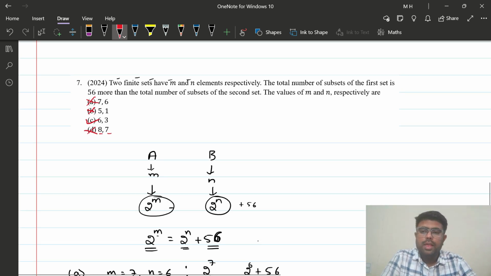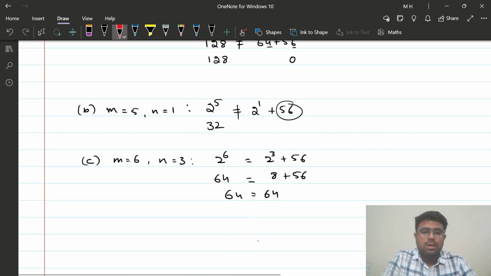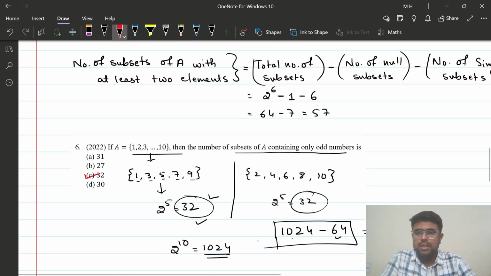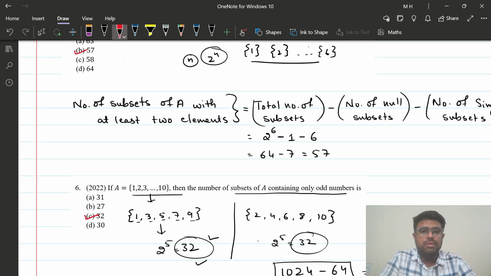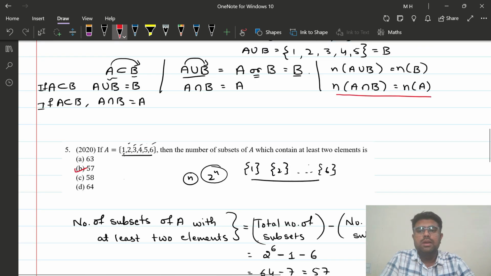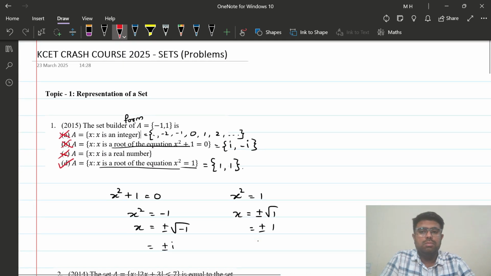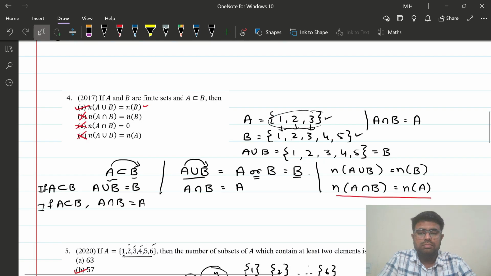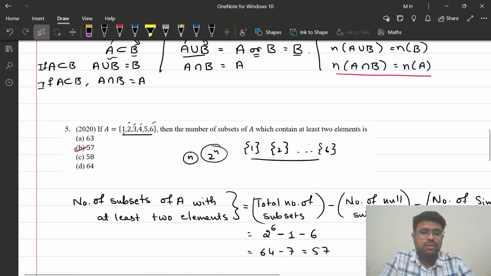Okay. These are the few problems that I got from the previous year question bank, the previous year KCET question papers. What you can do is solve a few more problems from the representation of sets, the number of subsets, and the union and intersection of sets and the operations on sets.